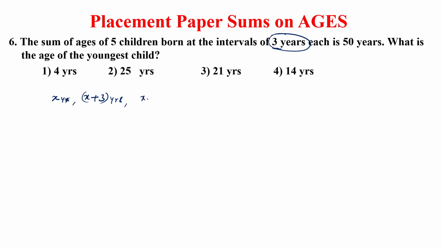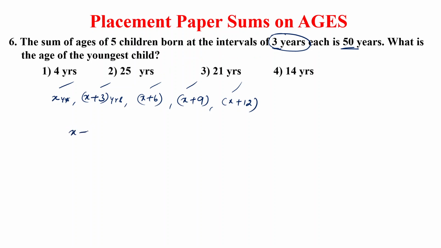What will be the next? x plus 6, next x plus 9, next x plus 12. How many children? 1, 2, 3, 4, 5. Now we have the ages of all 5 children, and the sum is going to be 50.